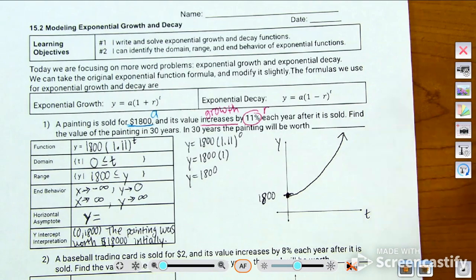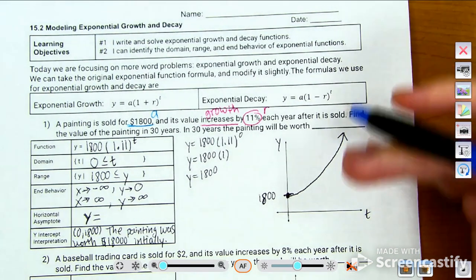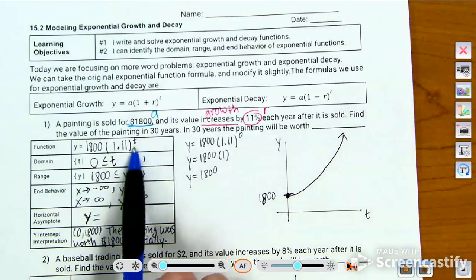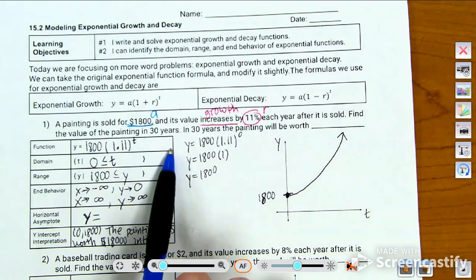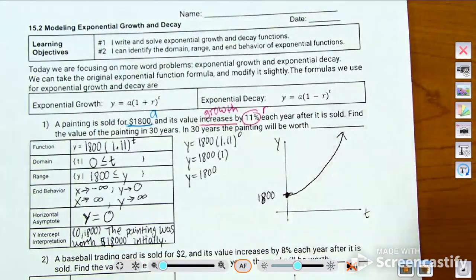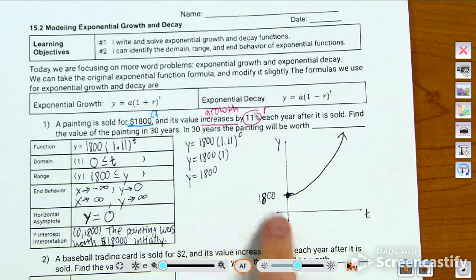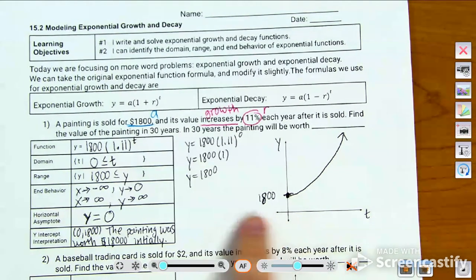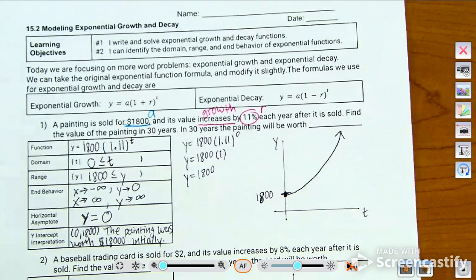The only way we can change what the horizontal asymptote is, is with a shift up or a shift down, which we don't have any vertical shifts happening in this equation. So our horizontal asymptote defaults to the value y equals 0. So that would mean there would be a horizontal asymptote right here along the horizontal axis.